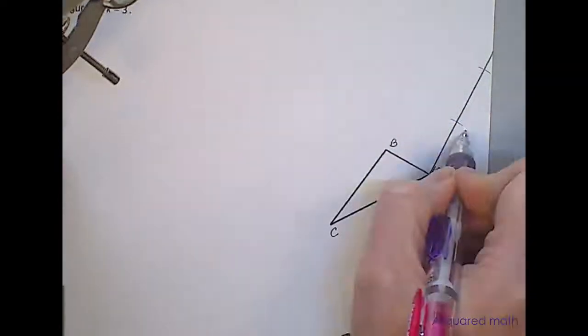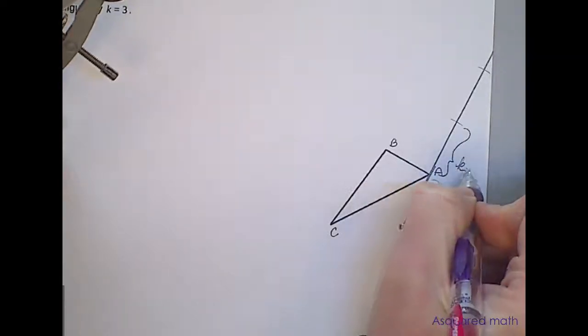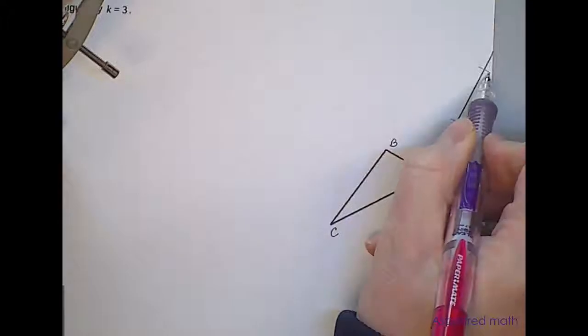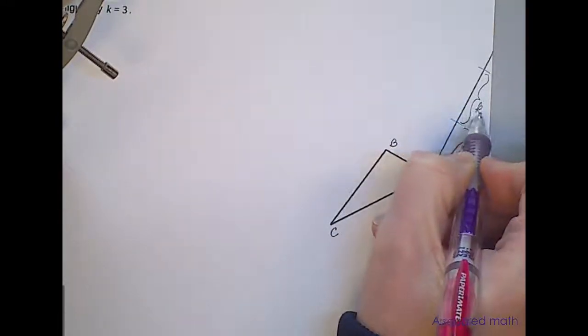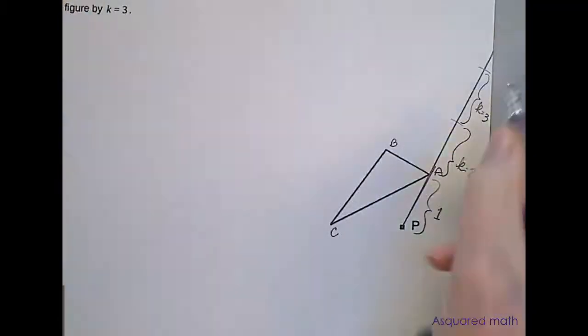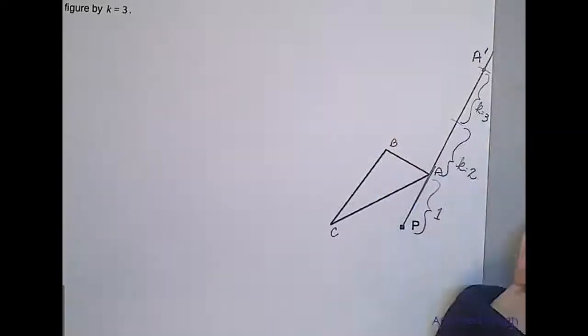And this distance here is a scale factor of 2, and here, if I can squeeze it in, is a scale factor of 3. This intersection here would be our A prime.